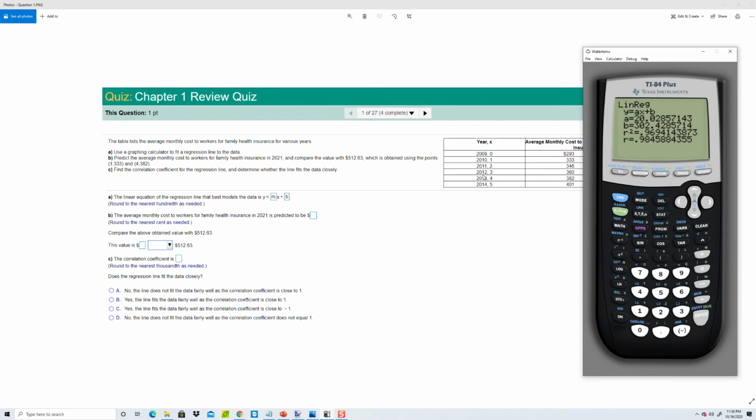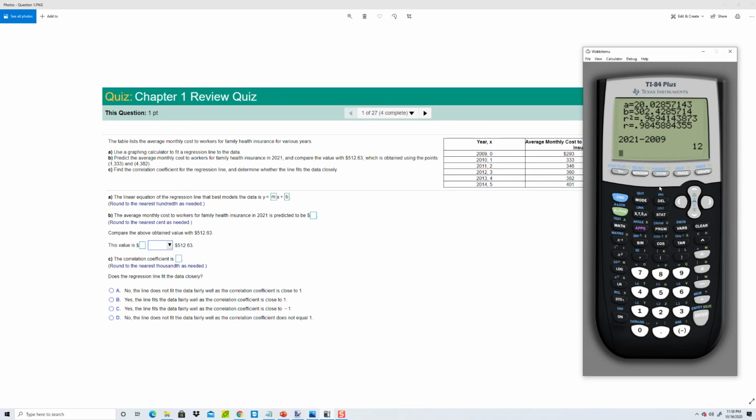Now notice they have the years here. If I take the year like 2014 and I subtract 2009, 2014 minus 2009 is 5. And 5 is what our x is. So when they're asking about 2021, we want to take 2021 and subtract 2009, which gives us 12, which means x is 12. Now with this equation from A, we want to plug 12 in for x.